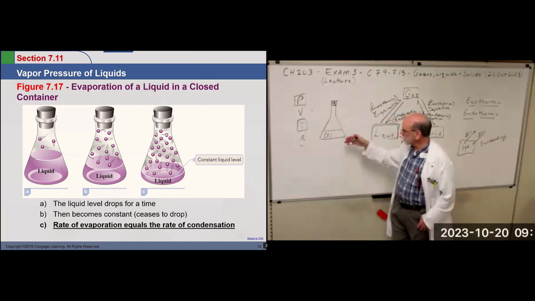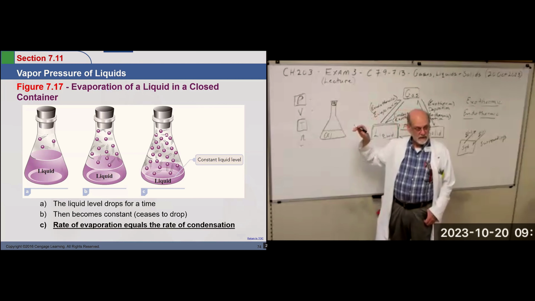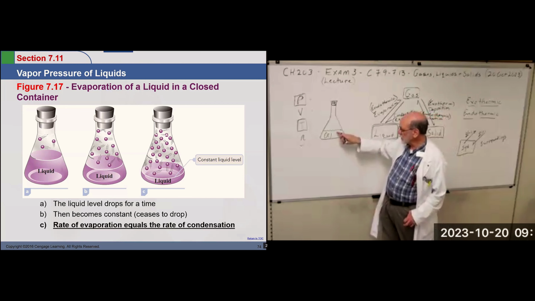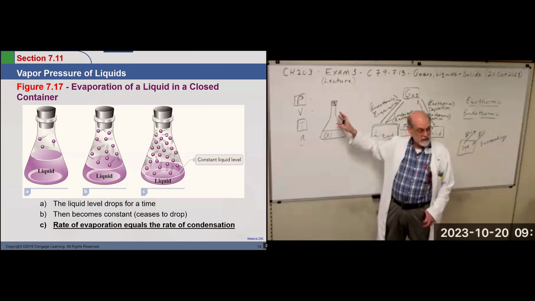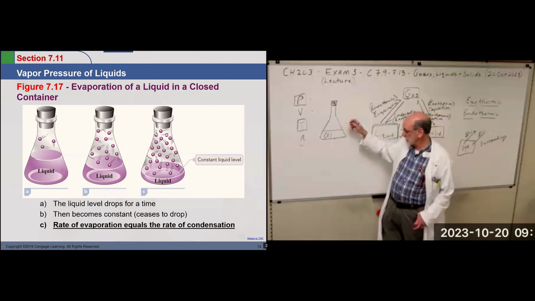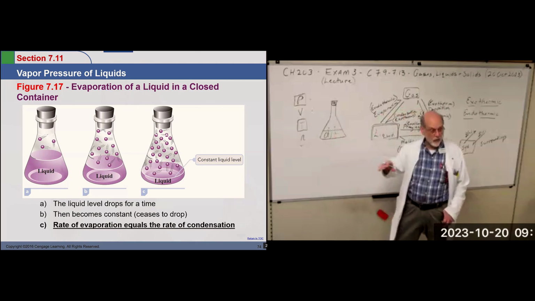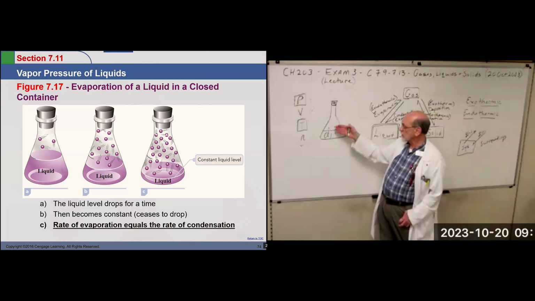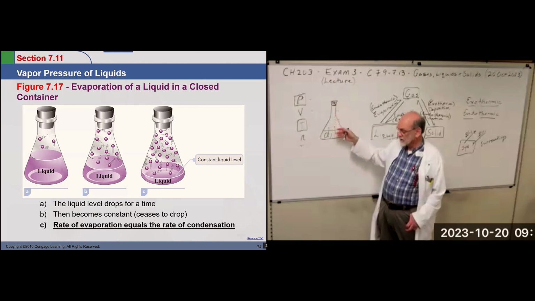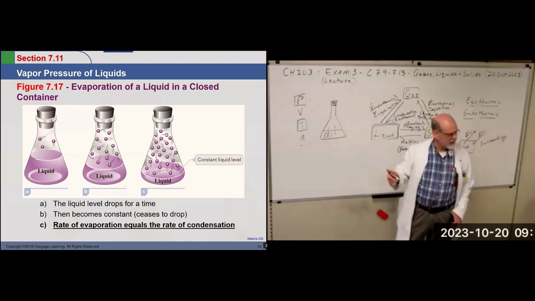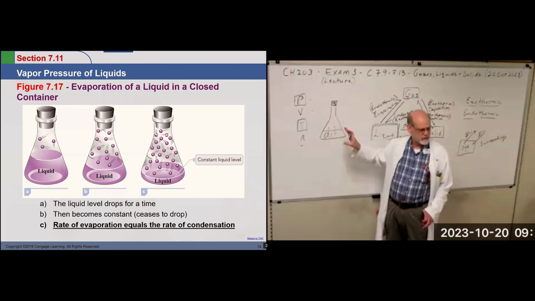As soon as we put that liquid in there and stopper it, there's a process by which molecules from the liquid are escaping into the headspace above. They're going like that. That's initial. When we first start out, that's the only process that happens. Why? Because there are none of them up here. So it's going to evaporate. And if it evaporates fast enough, you can actually measure a temperature change.